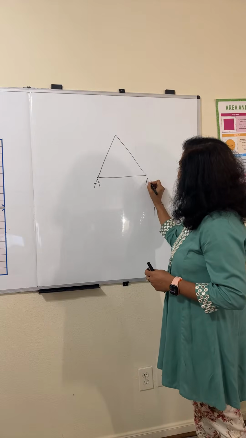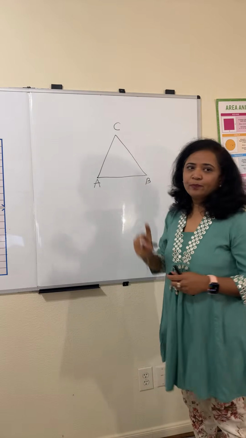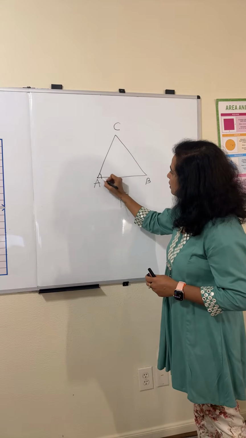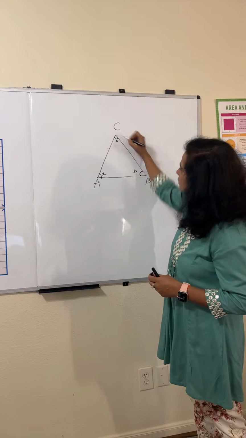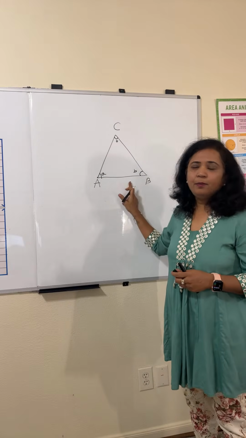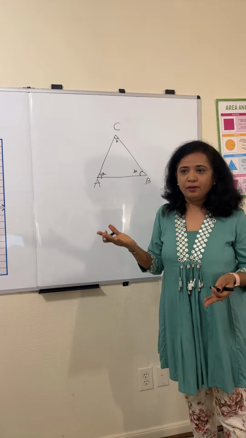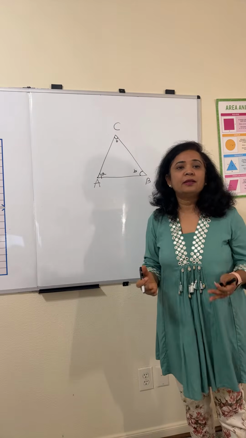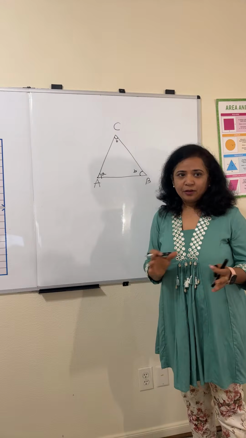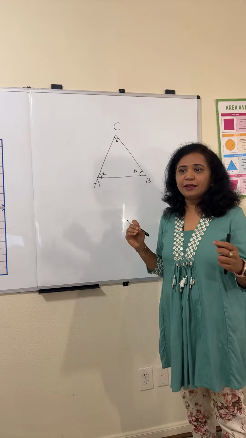A, B, C, right? So in 6th grade we learn that if you have a triangle, A, B and C represent the angles.